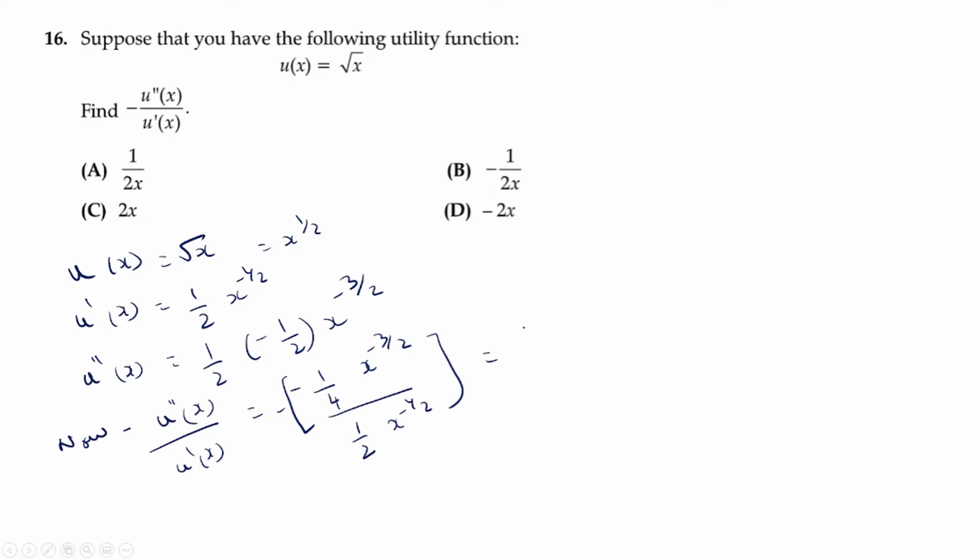So this will be plus, minus into minus plus. Here half, when it goes up it becomes 2 by 4. So it is 1 by 2 into x raised to minus 3 by 2 plus 1 by 2. Or it is equal to half into x raised to minus 1. So this is 1 by 2x. So the correct option is option A.